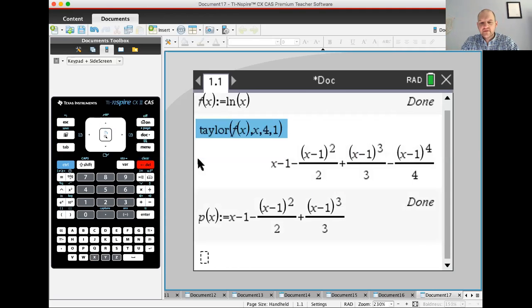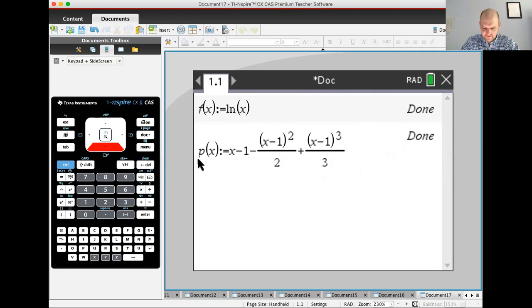All right. And then let me delete some stuff. I need to approximate p of 1.8, which is my approximation of the natural log of 1.8. So let's see what we get. We get 0.651, I guess. So actually, I am going to write these. So take a breather, write them down. So p of x is equal to x minus 1 minus quantity x minus 1 squared over 2 plus quantity x minus 1 cubed over 3.